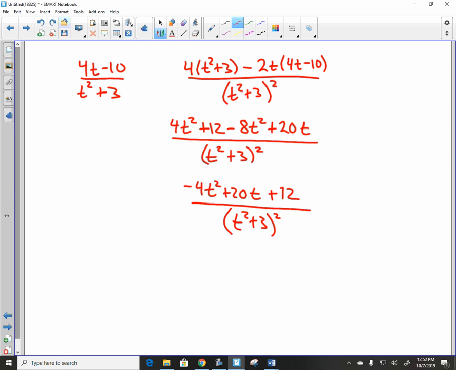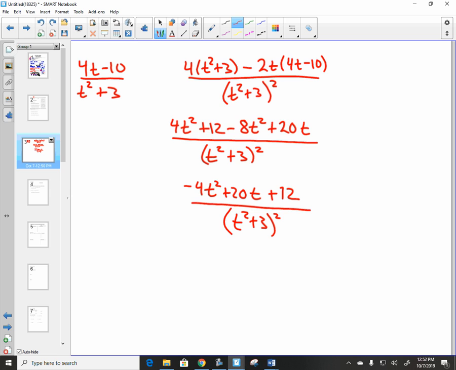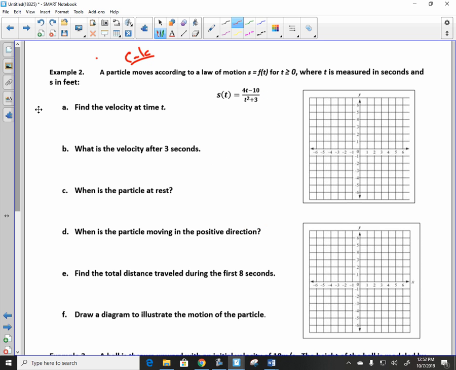Everybody clear on my derivative? Okay, I'm going to write it down, and we are going to put some of these into our calculator. Velocity at time t, v of t is, could somebody tell me what I had again? Negative 4t squared plus 20t plus 12 over t squared plus 3 quantity squared.